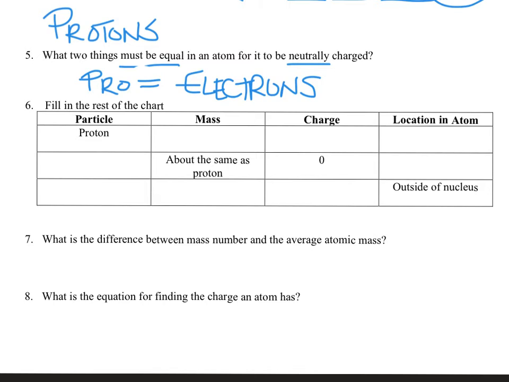When looking at question number 6, we're trying to fill in the rest of the chart. It does look like we're looking at the mass, charge, and location of an atom for the different particles. Okay, so let's take a look at that and see what we can figure out. Well, if we look under the mass category, something that's about the same mass as a proton, I would say, is a neutron.